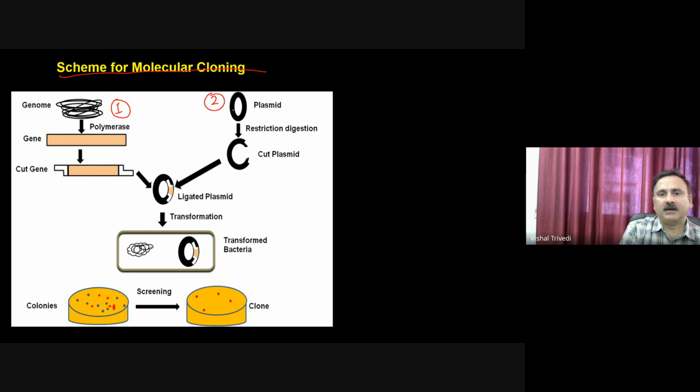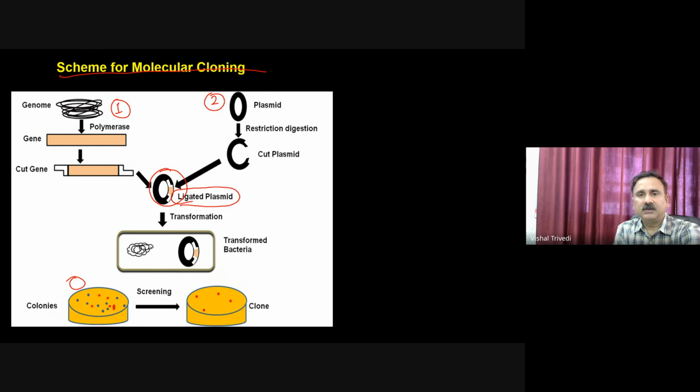Once you have the ligated plasmid, you have to transform this into the host. So basically, downstream to the cloning, you always require two parts. One is the recombinant clone, and the second is your host.